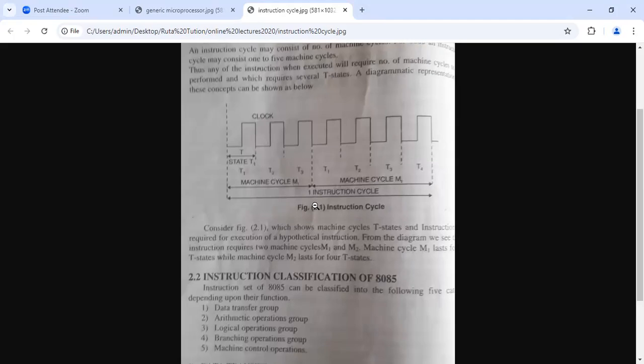All these are nothing but your machine cycles. So one machine cycle consists of a number of T states. One instruction cycle is the time required for the execution of one complete instruction. The time it takes for a full instruction to execute is called the instruction cycle. So it consists of a number of machine cycles. Okay, so that thing you have to remember. So these are the diagrams.